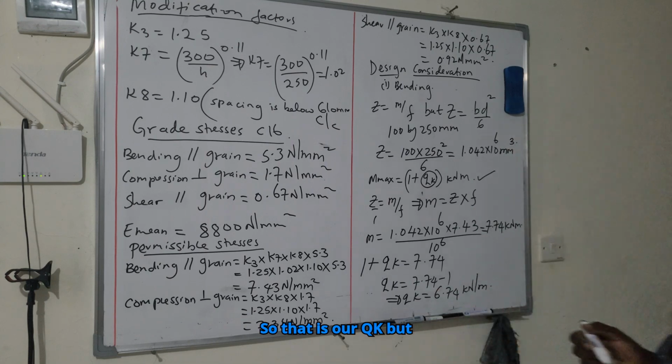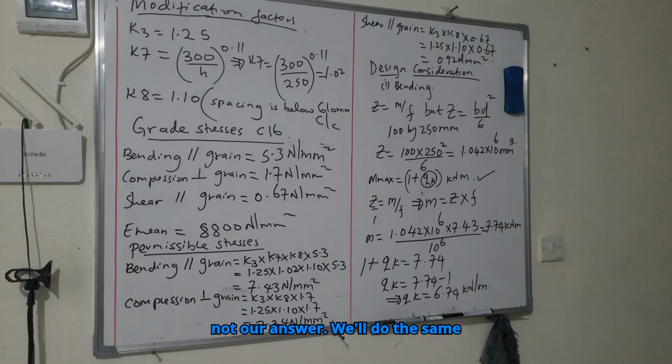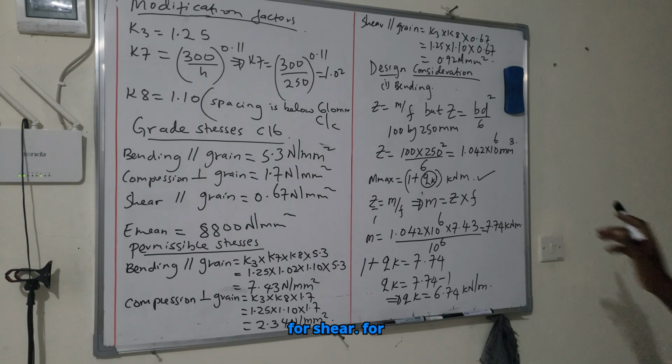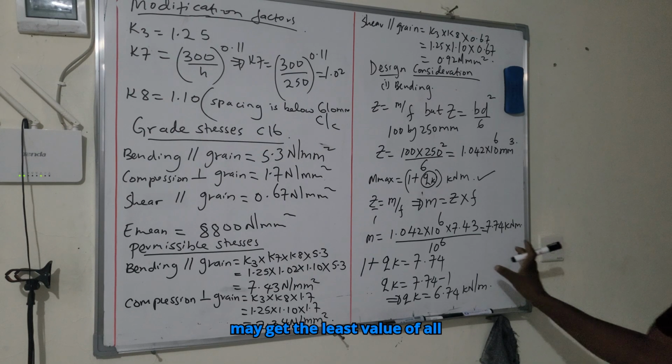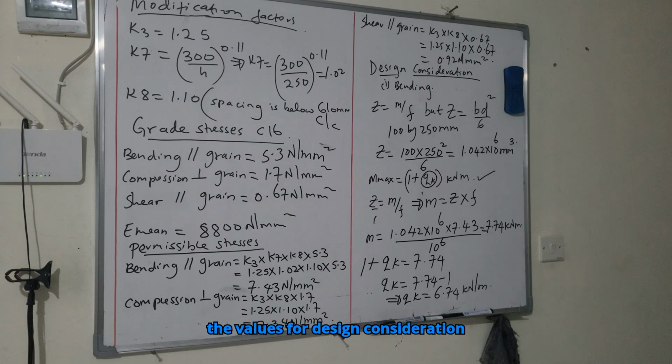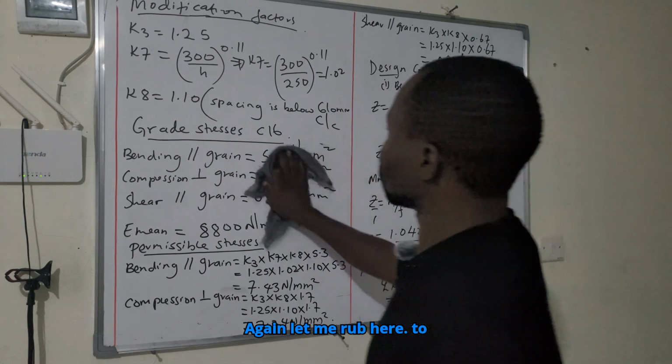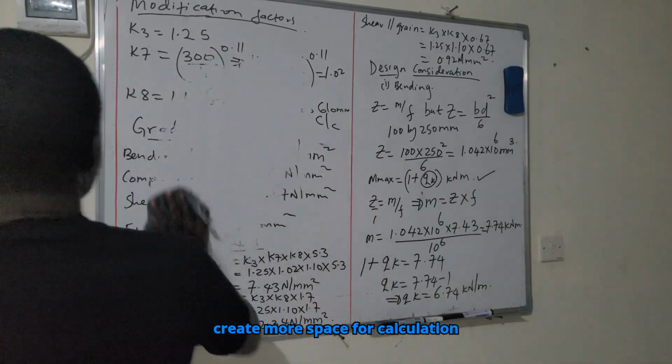So that is our qk, but not our answer. We'll do the same for shear, for bearing, and for deflection, so that we may get the least value of all the values for design consideration, and that value will be our permissible stress. So let's continue. Again, let me rub here to create more space for calculation.